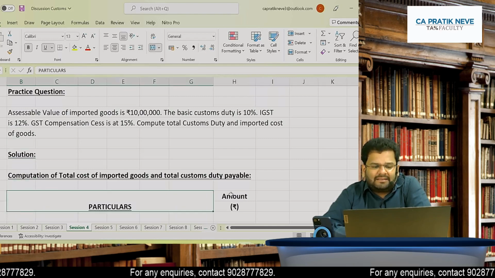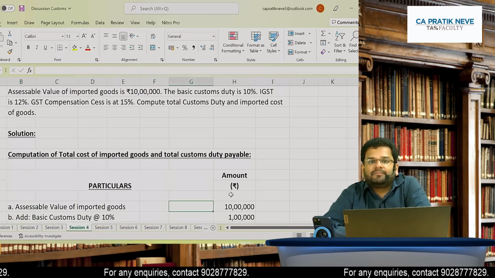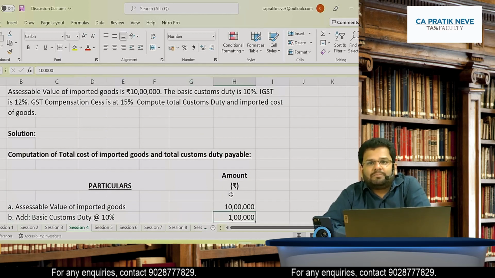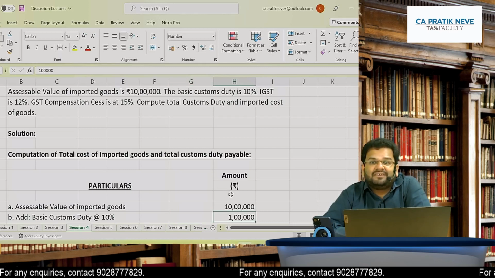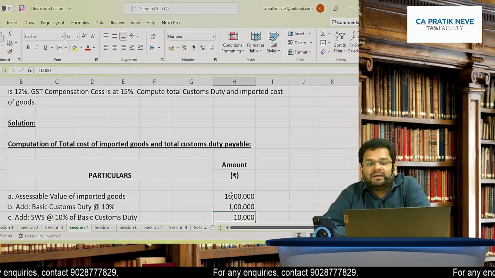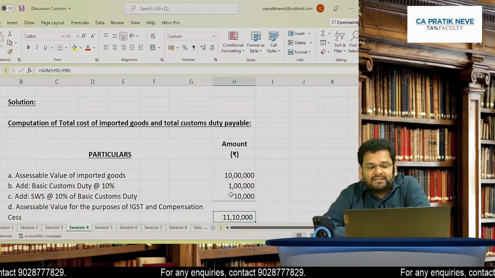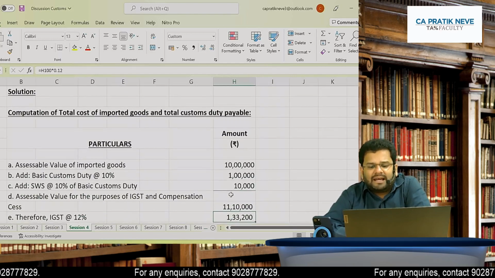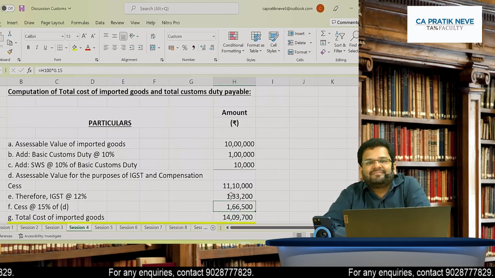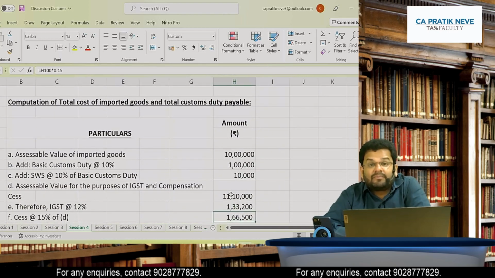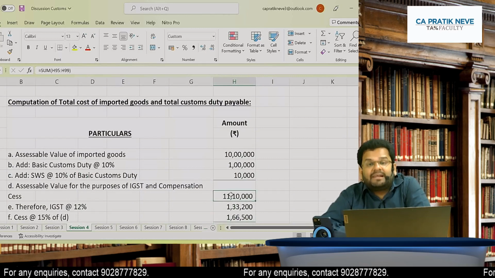So 10 lakhs. Can we start with 10 lakhs? Basic custom duty will be 1 lakh because it is 10%. Compulsorily there will be SWS 10,000. 11 lakh 10,000 will become assessable value for levy of IGST. On that, calculate IGST. And there is a cess also. Calculate cess also. Cess is calculated at 15% of 11 lakh 10,000.